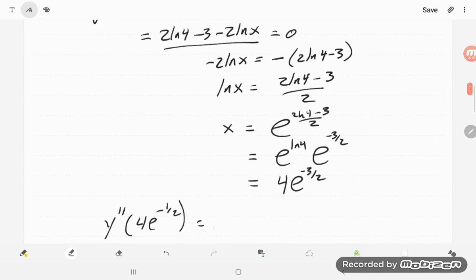So that is, oh, this is actually going to be quite amazing, I think. This is 2 log 4 minus 3 minus 2 natural log of 4 e to the negative 1 half.